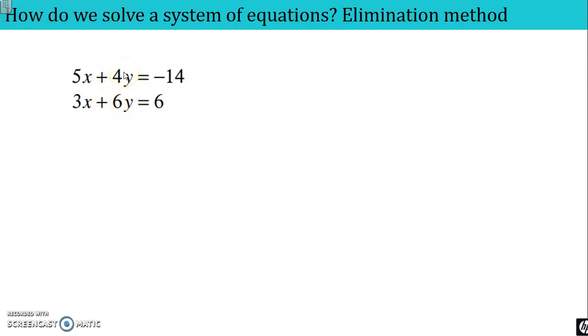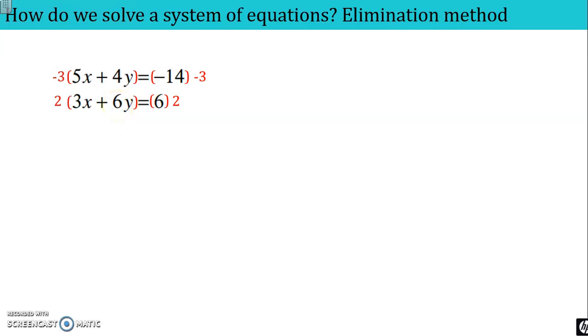So to do that, I'm going to multiply the top equation by -3 and the bottom equation by 2. Why did I choose these numbers? If I multiply this by -3, it's going to give me a coefficient of -12. And if I multiply this by 2, it's going to give me a coefficient of +12.